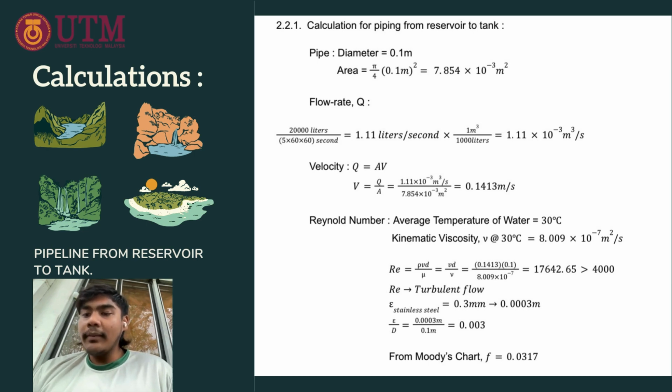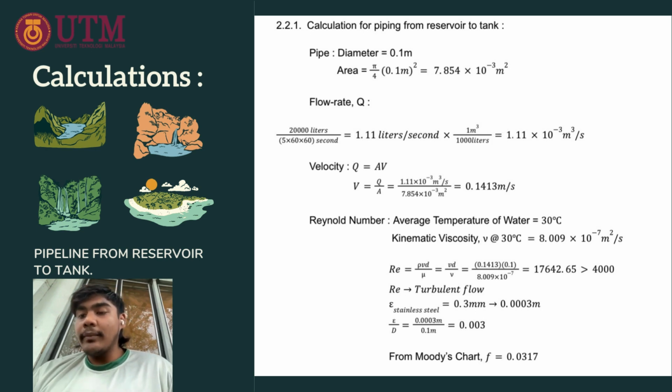Next, for the Reynolds number, we use the average temperature of water at 30 degrees C. From the table we got the kinematic viscosity nu at 30 degrees C equal to 8.009 times 10 to the power of -7 meter squared per second.